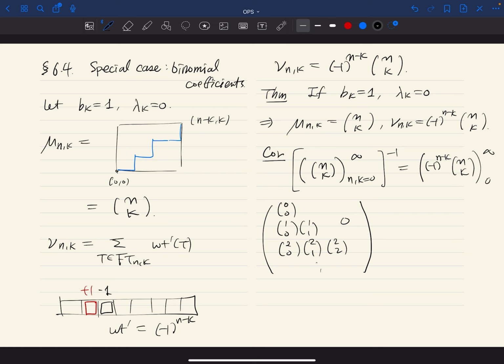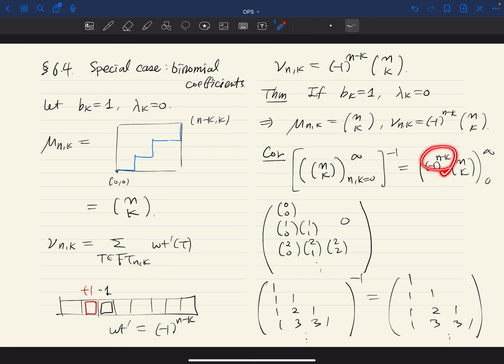But this Pascal triangle is 1; 1, 1; 1, 2, 1; 1, 3, 3, 1, and it goes like that. If you take the inverse of this matrix, it's almost the same, except we have to put a sign weight.